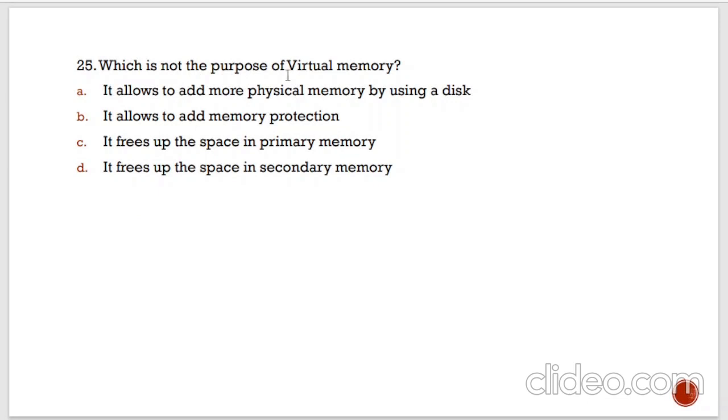So let us discuss virtual memory now. Which is not the purpose of virtual memory? Virtual memory is part of the secondary memory. Listen to this carefully. It is part of the secondary memory, but it creates an illusion that it is memory present in primary memory. How? Whenever the primary memory is full, it creates an illusion that the primary memory is providing some space.